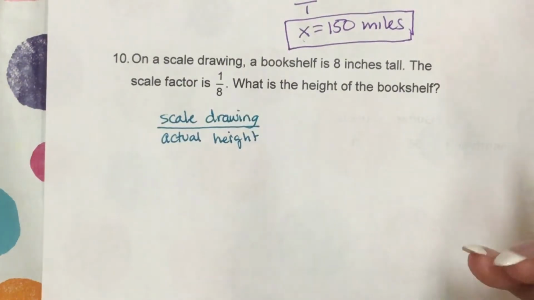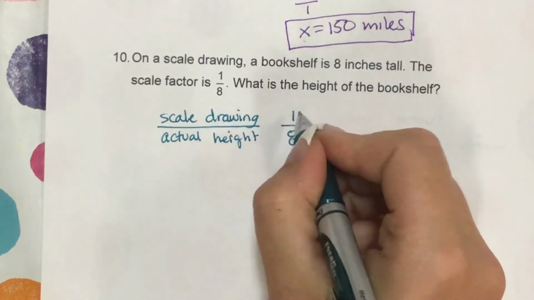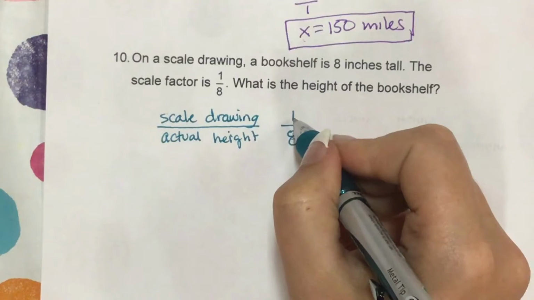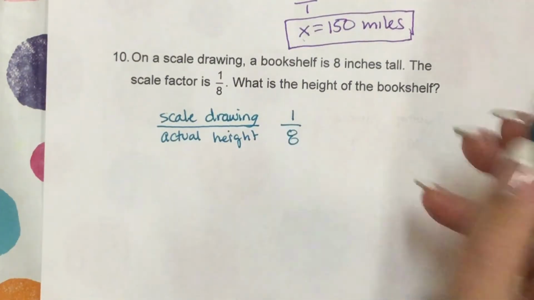And it says the scale factor is 1 over 8. So that means for every 1 inch of the scale drawing, the actual height is 8 inches.